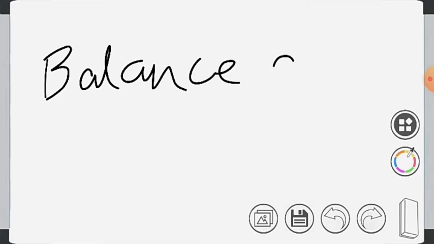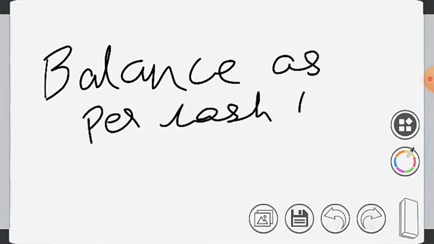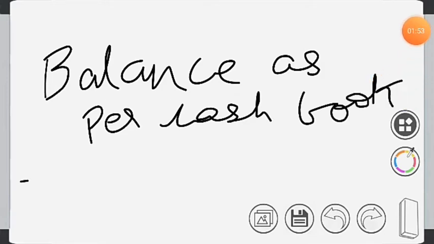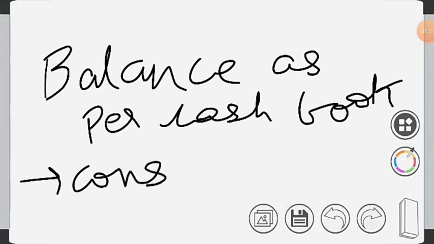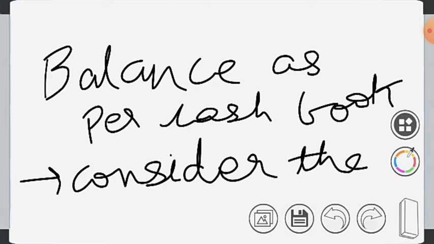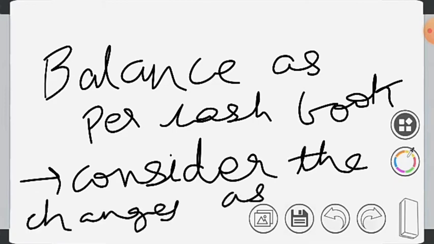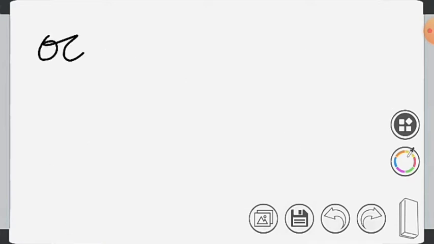In illustration 2, we have discussed that when we take balance as per cash book, we should consider the changes as occurring in the passbook.